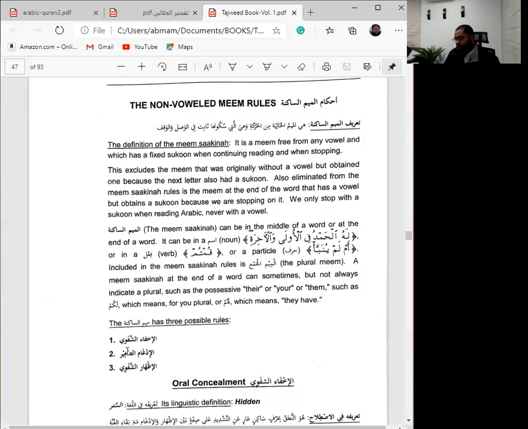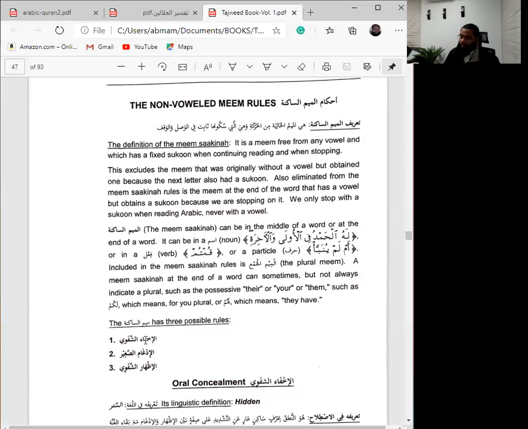A major idgham would be if the meem had a vowel and then was merged into the following letter. Like for example, وَاتَّخَذَ قَوْمٌ مُوسَى. Originally it's قَوْمُ Musa, right? Meem with a dhamma, and then another meem with a dhamma, قَوْمُ Musa.